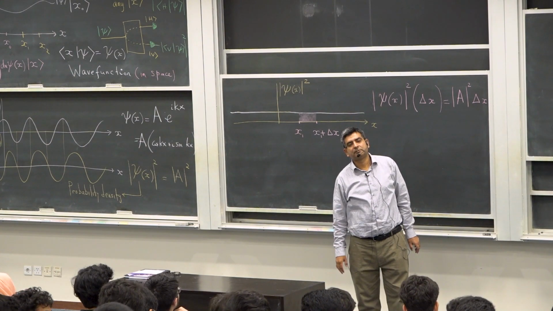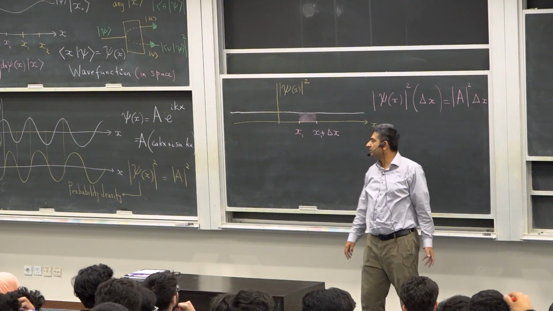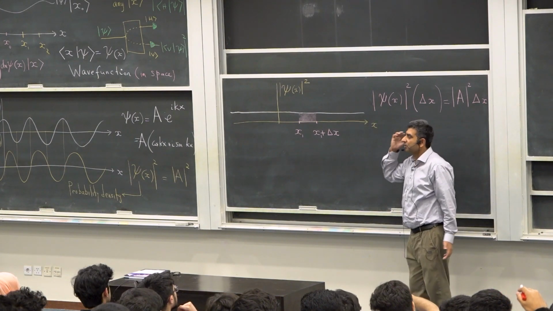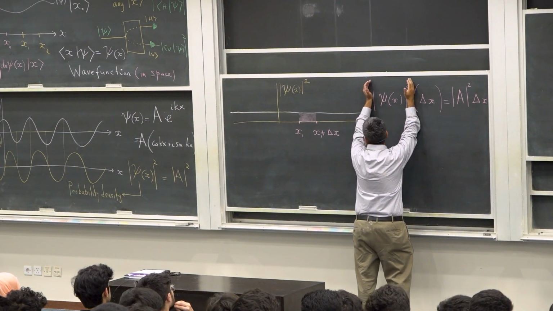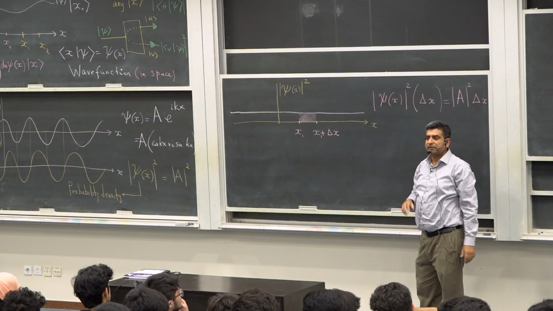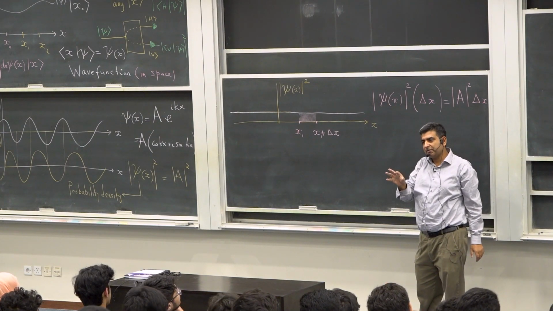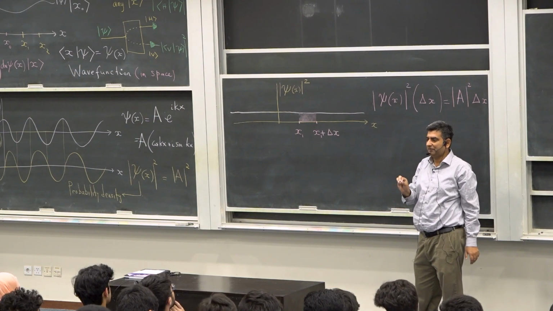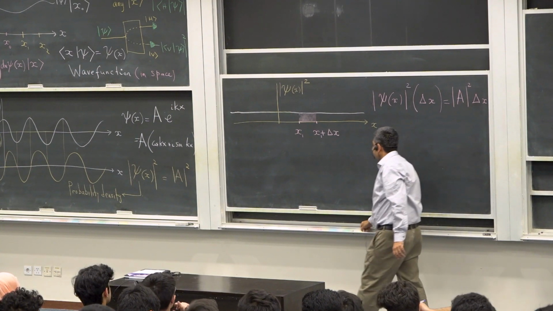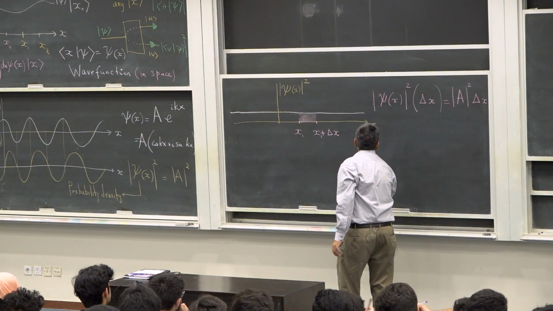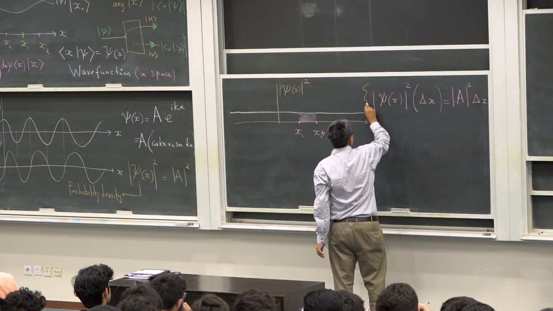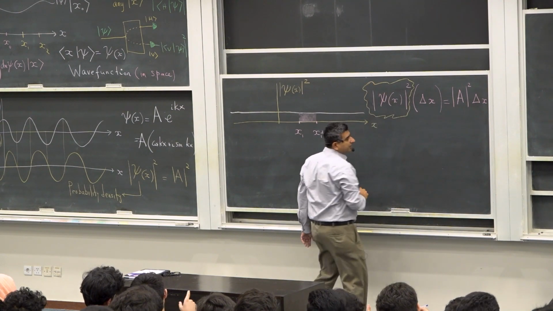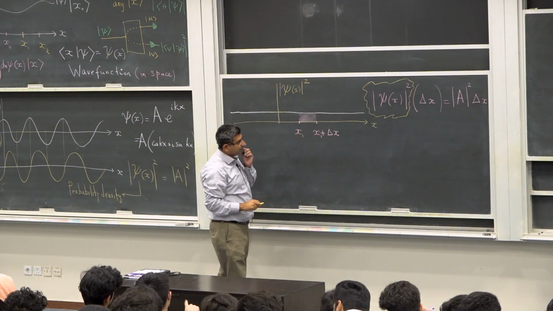Yes, it's per meter. So all of this is per meter. So this is probability density, probability per unit length, per unit interval. So psi x square, this thing, is the probability density, with dimensions of per length.